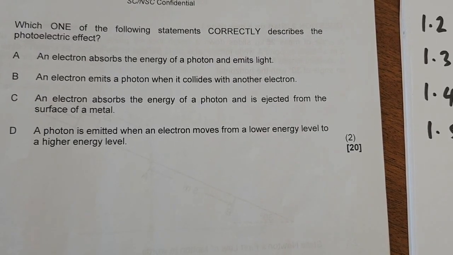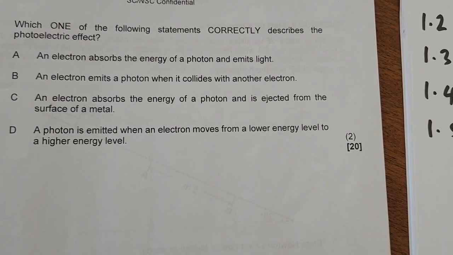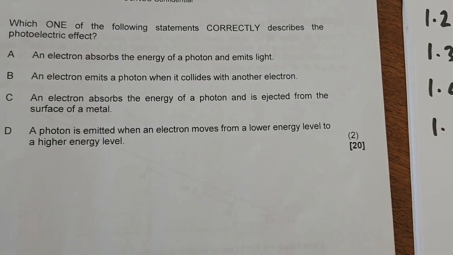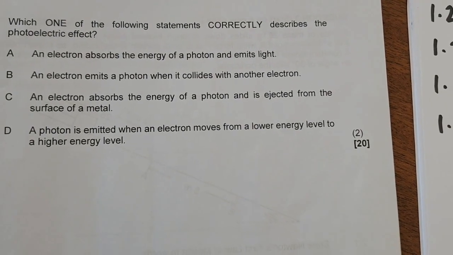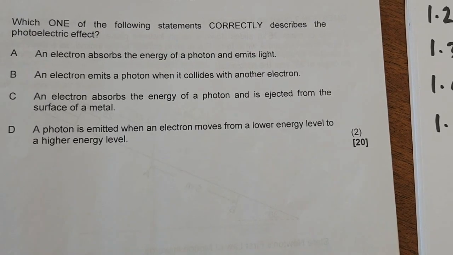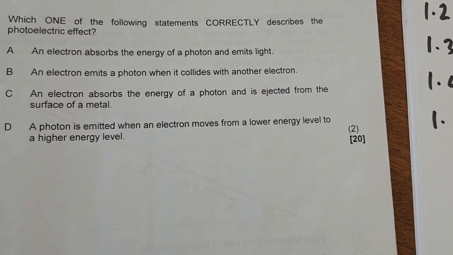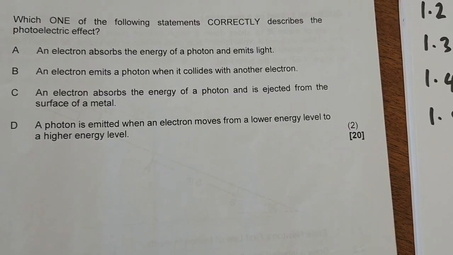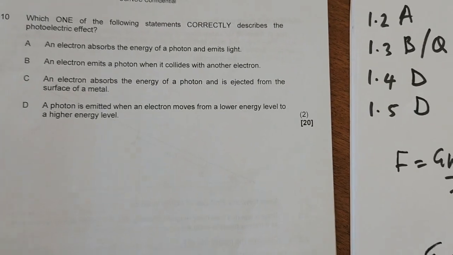So an electron absorbs the energy of a photon in this case and emits light. No. Electrons emit a photon when they collide with another electron. No. An electron will absorb the energy of a photon and is ejected from the metal surface. That's the best one.